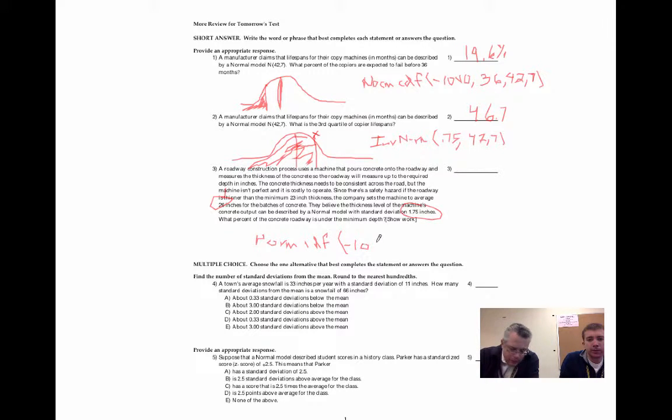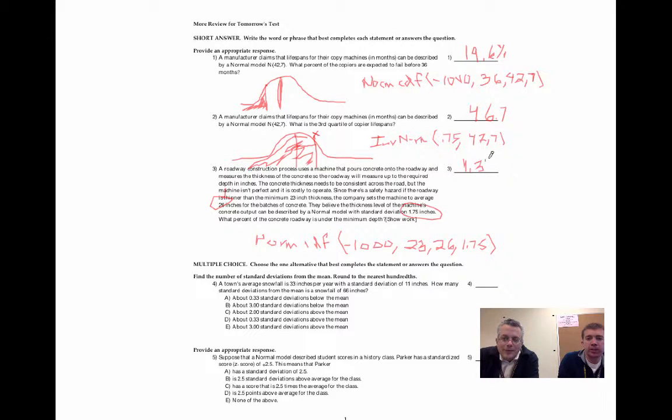The upper limit, 23 inches. Then the mean 26, and 1.75. And what do we got? 4.3%.